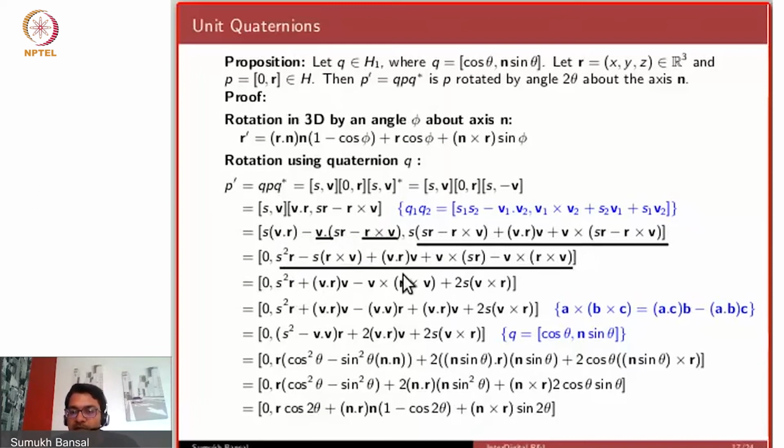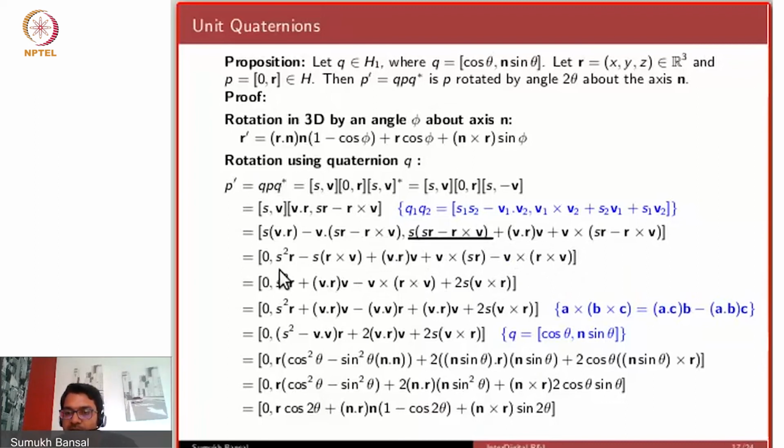Simplifying this a bit, let me iterate it through one by one. If you open this bracket, this is s square r minus s r cross v, and then the rest remains as it is. Now you can open this term over here, and then you will end up with this.